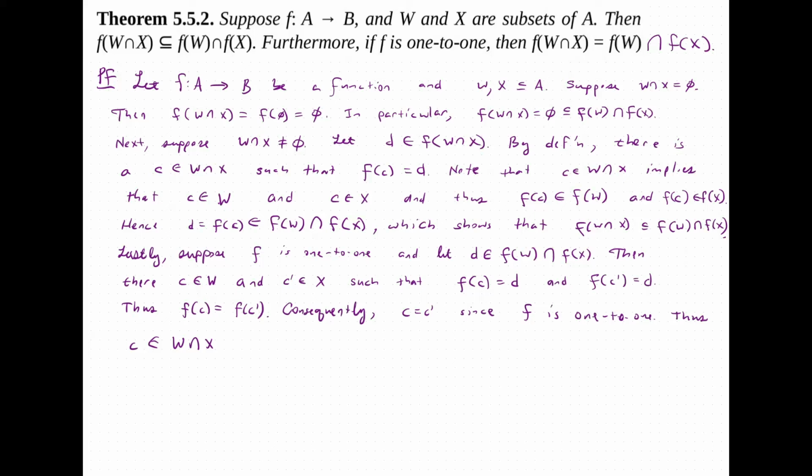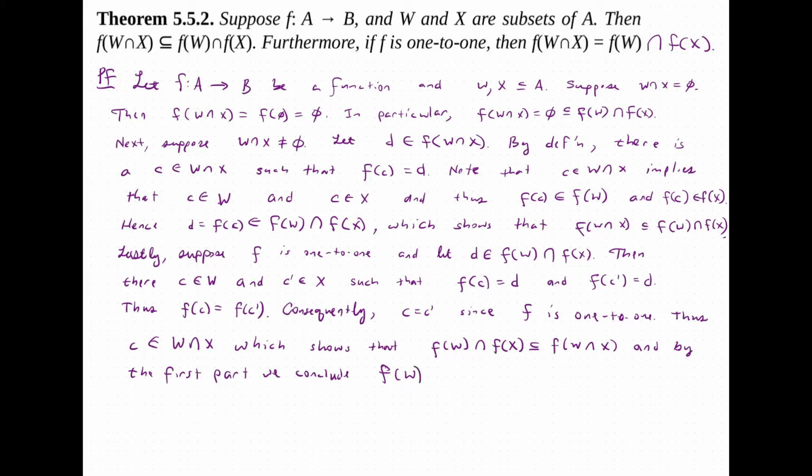And so now we have that f of w intersect f of x is a subset of w intersect x, and by the first part, we conclude that we actually do have equality. And so now that finishes it off for this proof. So we are done.